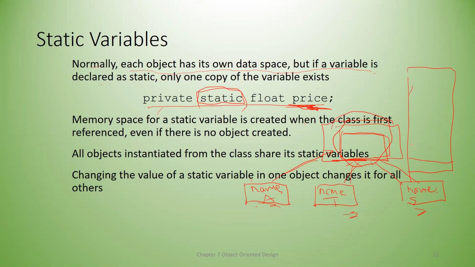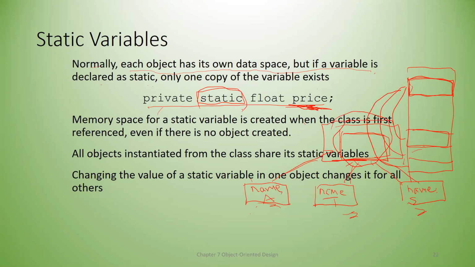So this is object A, this is object B, this is object C, but all of them share this space, which is for the static variable. So they all can access it, and whatever they do affects this memory space. Does that make sense? It does, but my question is, can I recall name A, name T, name S, or is it getting overwritten each time? I don't know what you mean by recall. They are their own objects.